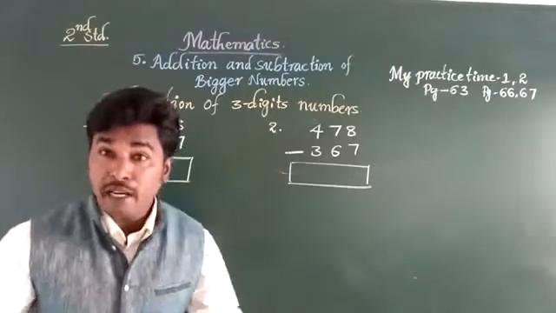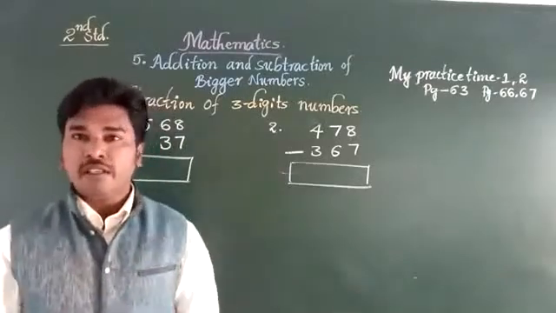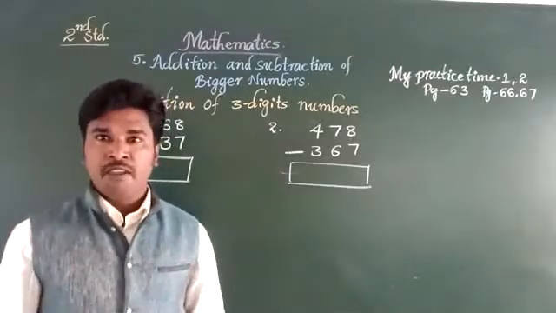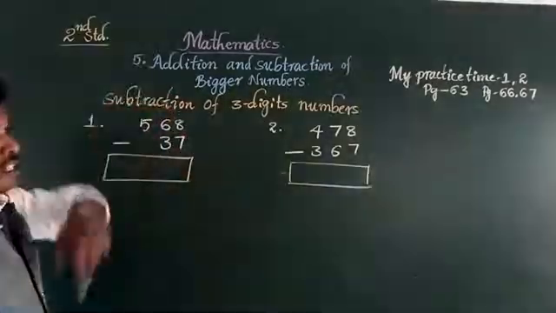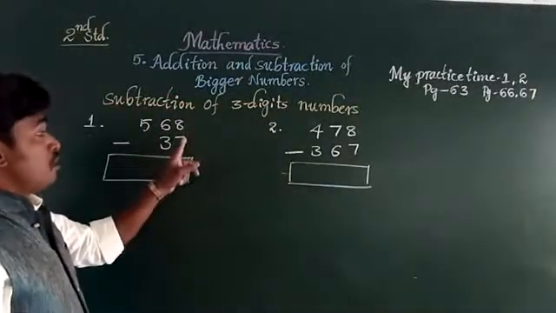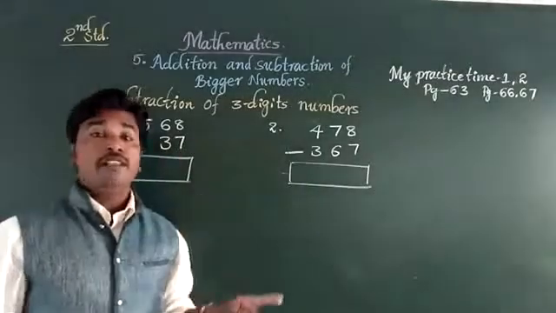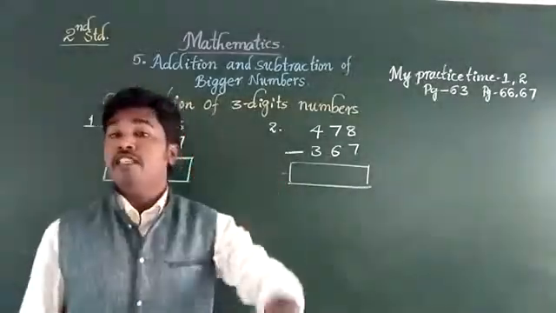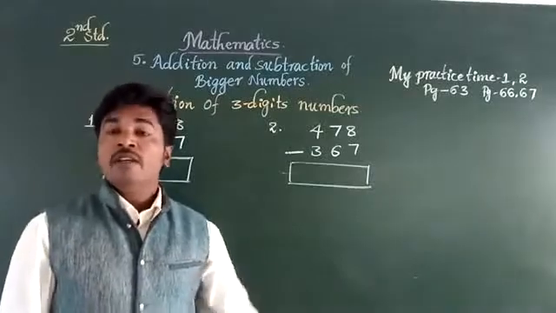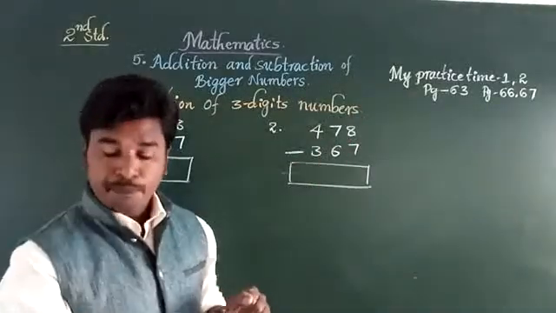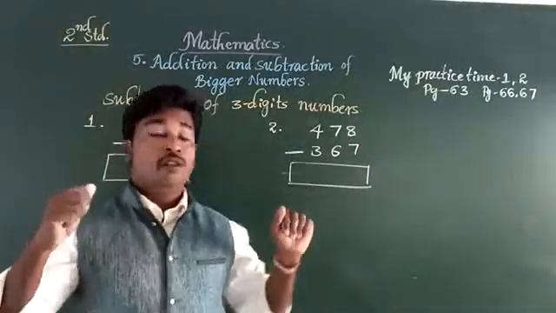When you get practice, you need not use any fingers to count. So 8 minus 7. When you subtract 7 from 8, you get 1. Otherwise, 8 is in your mind, 7 is on your fingers.